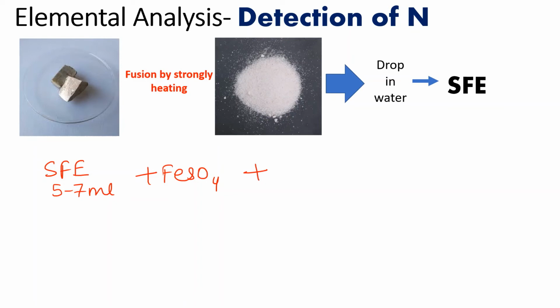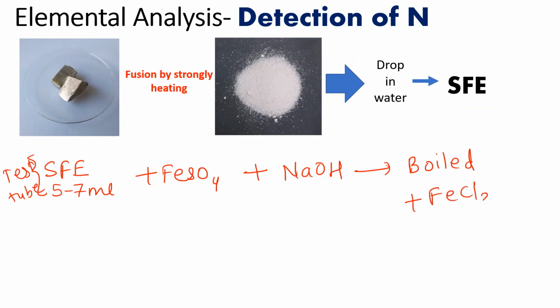We will add a drop of sodium hydroxide into it and the solution will be boiled. You can carry out this test in a glass test tube. Now to the solution we will add FeCl3. The mixture will then be cooled and acidified.